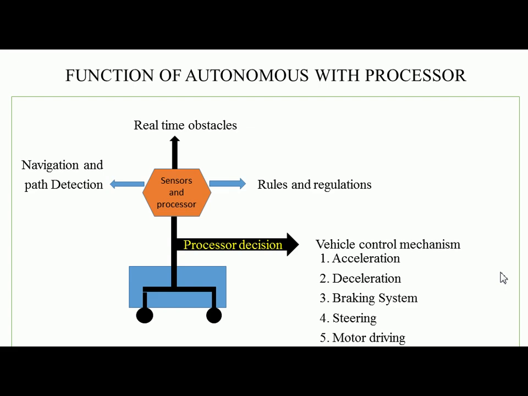Once the laser detection rangefinder sensor senses the object, it sends the signal to the processor, and the processor makes the decision to operate the vehicle, like to accelerate or decelerate. If the robot reaches any obstacles like walls, it will operate the braking system, steering control, and motor driving.